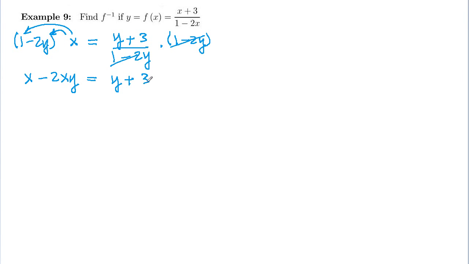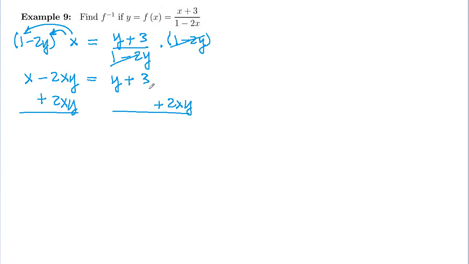And then we want to get the y terms on the same side here. So let's see, why don't we go ahead and bring this term over on the right. So let's add 2xy to both sides. And then we'll want to get the 3 over on the left-hand side.